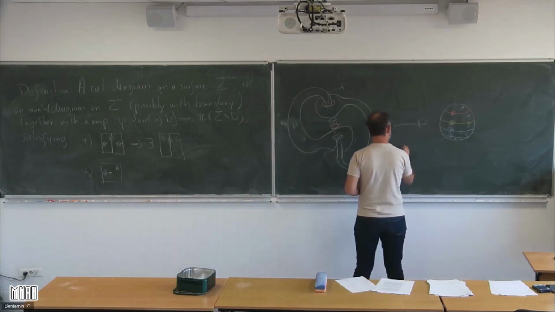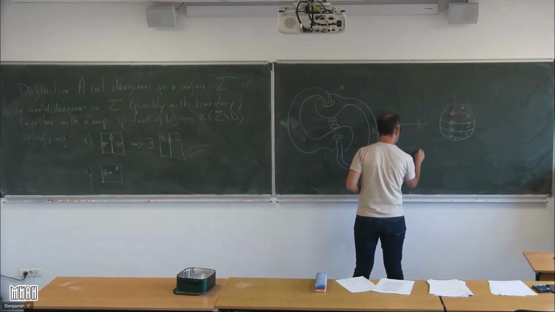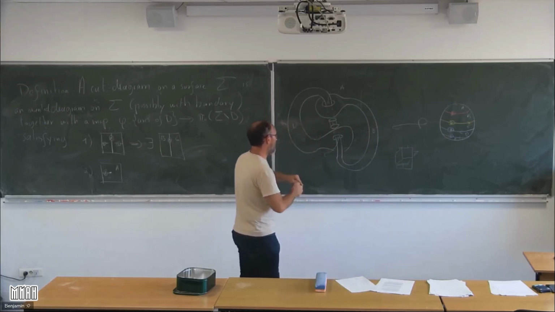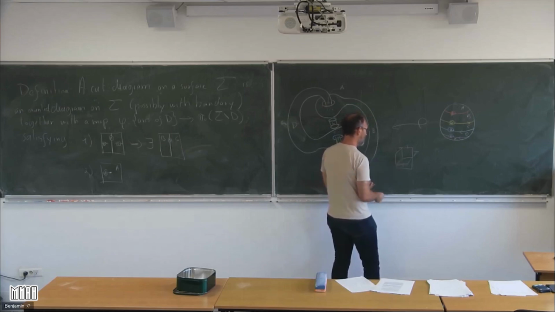You can have triple points. When you have 3 sheets that intersect, here you have a triple point.